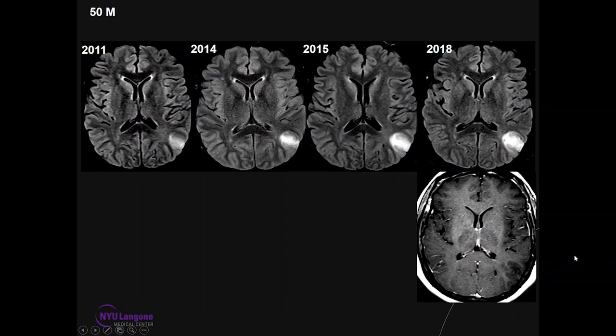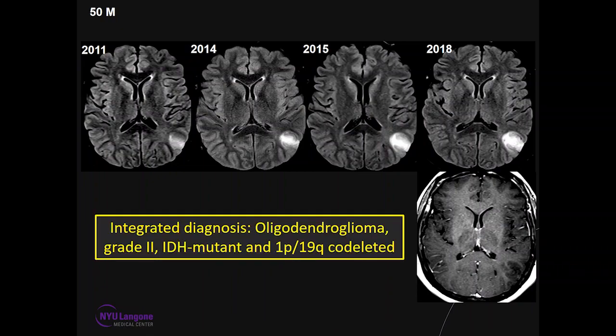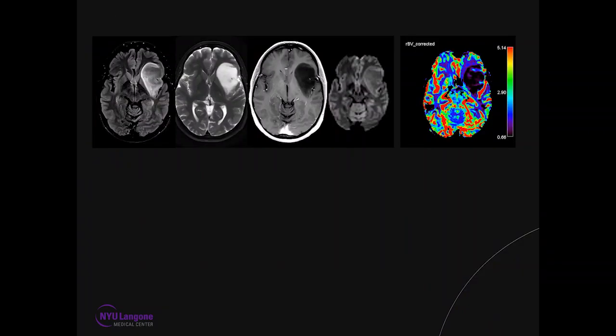At that time, the patient underwent resection, and the tissue came back as oligodendroglioma grade 2, IDH mutated, and 1p19q co-deleted. So these are tumors which are going to do rather well despite any therapy, despite any chemoradiation. These tumors progress rather slowly and have a longer median survival compared to an IDH wild type glioma.